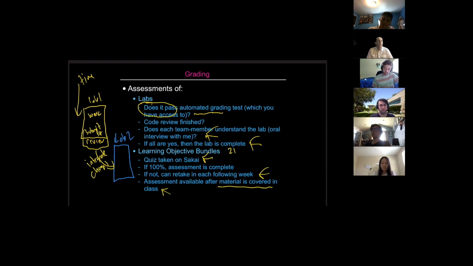So you would have something like 12 different tries at the first few learning objectives. And for the last learning objectives, you'd have just a couple tries because you'll run out of time. The final exam time period is a time where you can retake any of the learning objective assessments that you want.